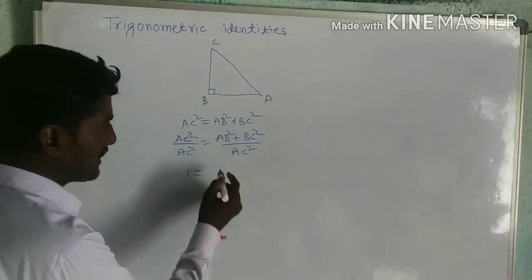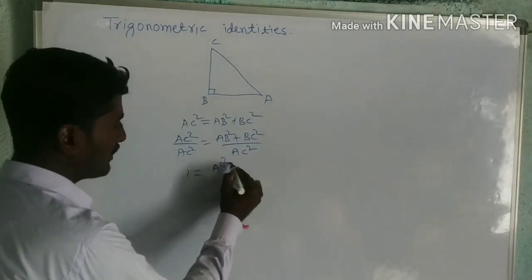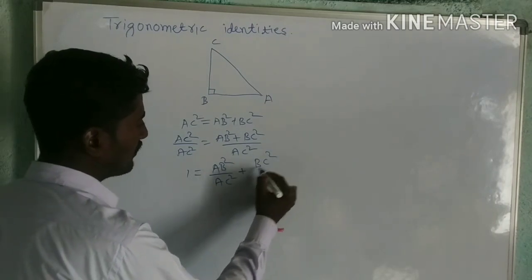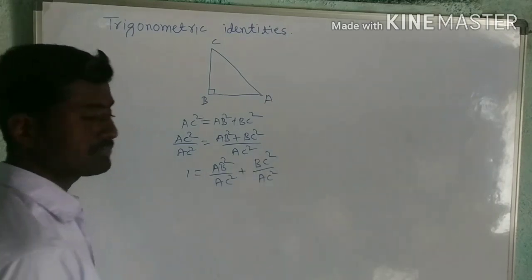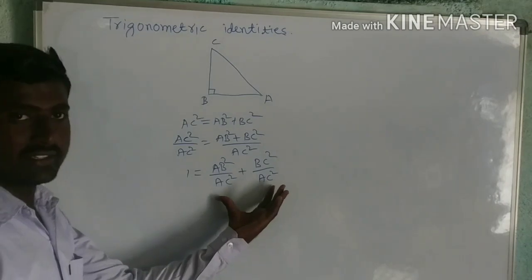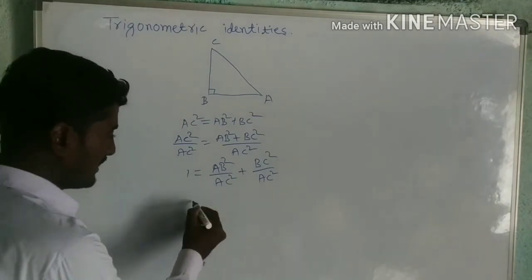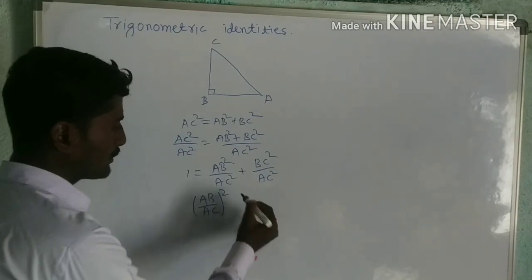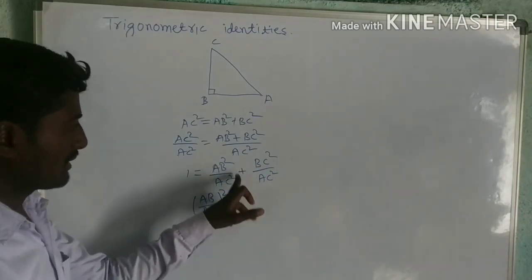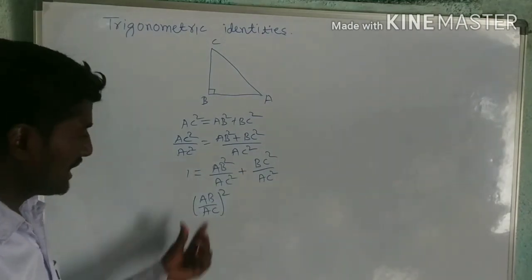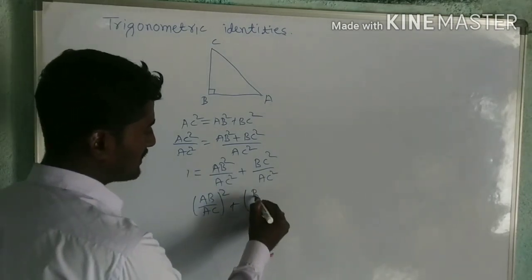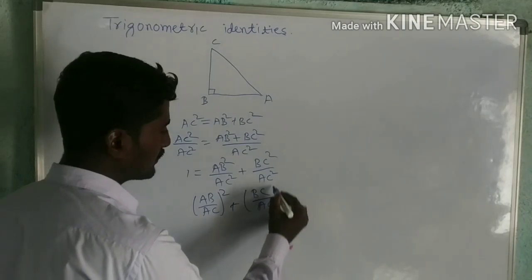Now let us divide it separately: AB square divided by AC square plus BC square divided by AC square. Now let us write them first. This I can write as AB divided by AC whole square, because the numerator and denominator are both squared, plus BC divided by AC whole square.